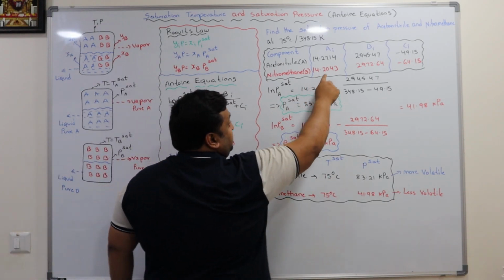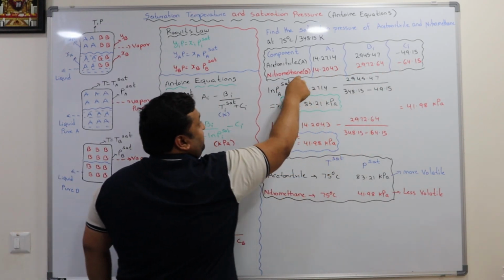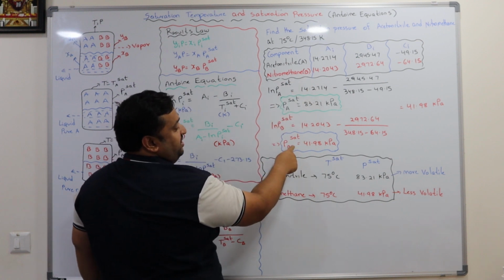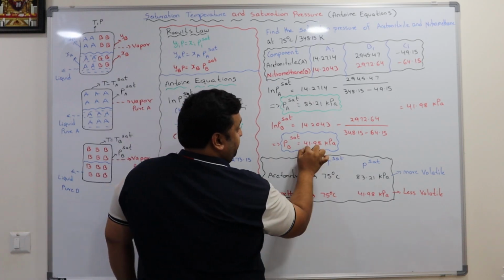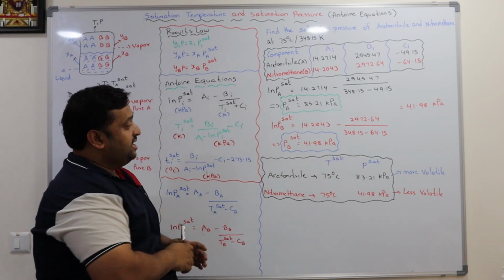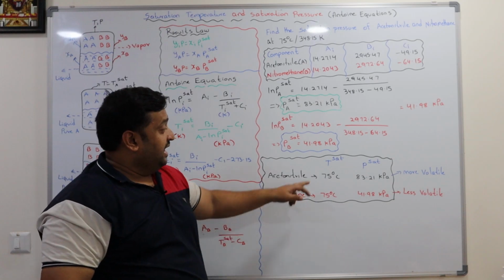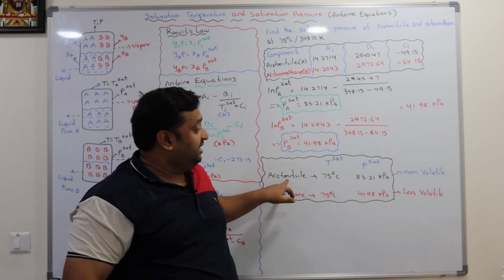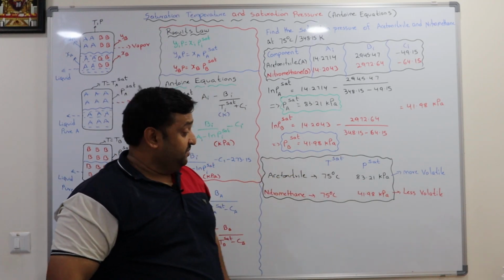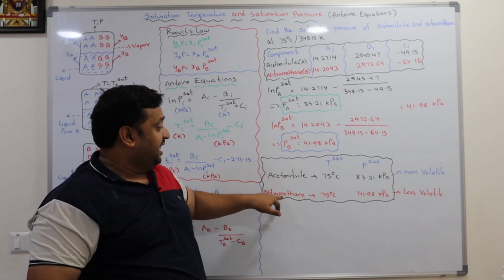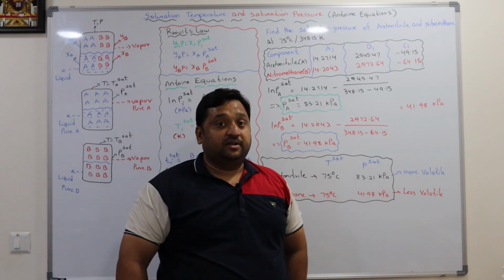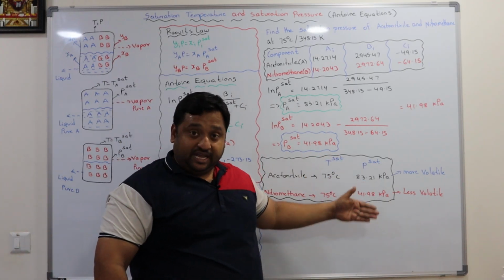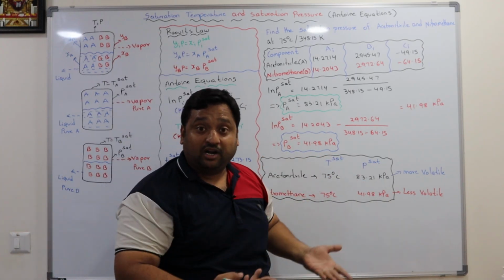Similarly, if I give the constants A, B, C of nitromethane, I get the saturation pressure of nitromethane at 75 degrees centigrade, pure, as 41.98 kilopascal. In summary, at 75 degrees centigrade, the acetonitrile pressure is 83.21 kilopascal and the nitromethane pressure is 41.98 kilopascal.